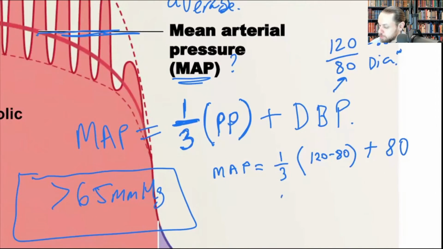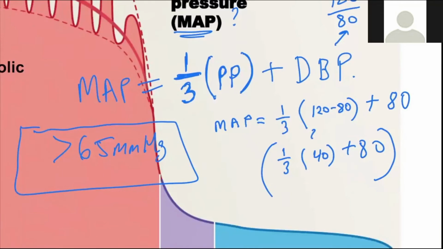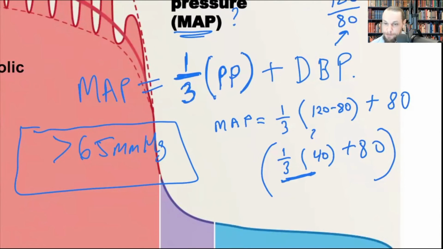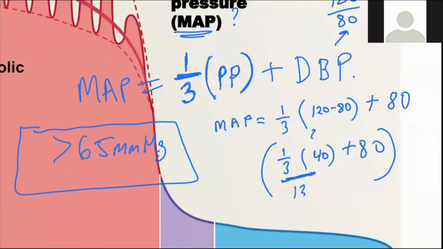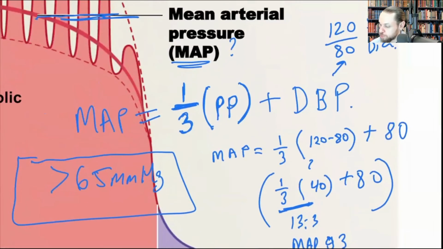What is 1/3 times 40? Roughly 13.3, or 13, and then 13 plus 80 is about 93. So your mean arterial pressure is 93 for someone who has a blood pressure of 120 over 80.